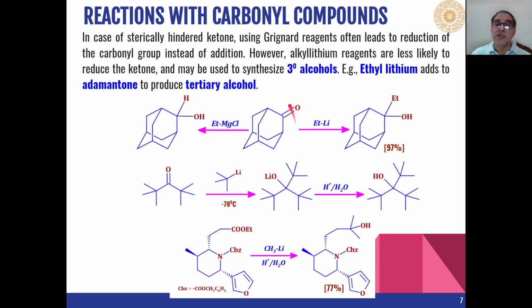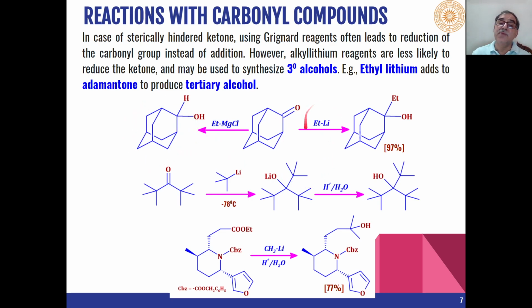For example, in this case, adamantone, when the reaction is done with Grignard reagent, ethyl magnesium chloride, then reduction of this ketone takes place. Instead of addition of this ethyl group, only reduction of the ketone takes place to give us adamantol as the product.